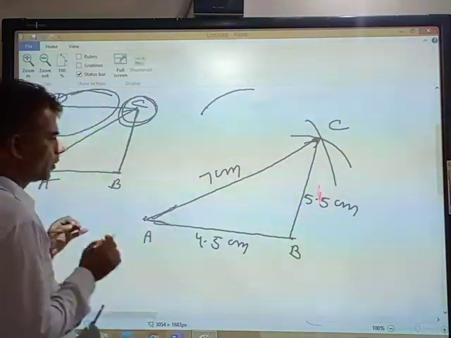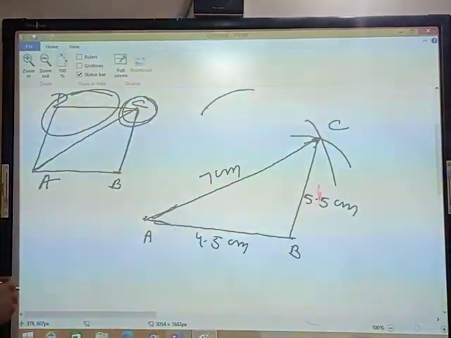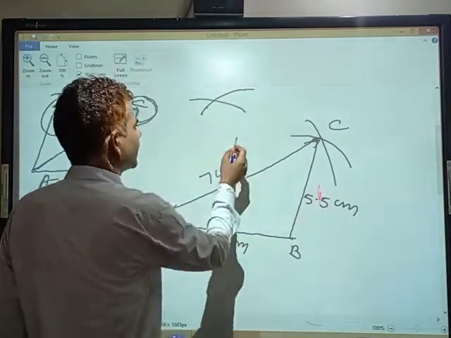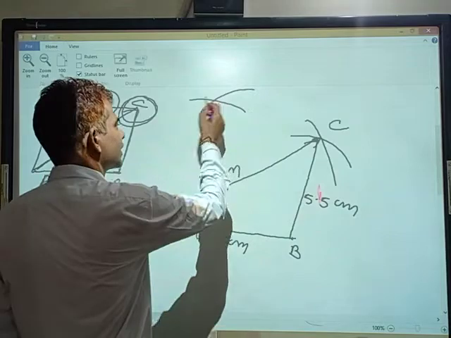Put the tip of compass on point A and draw an arc of radius 6 centimeter. That is your point D.